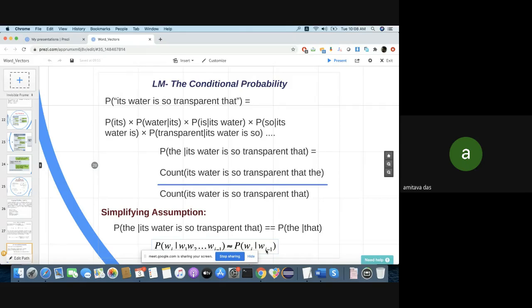Now, what is the right number for the context: 2 words, 3 words, or 5 words? There are a lot of theories, and there is no firm conclusion. It depends on the corpus size of your domain and various other factors.